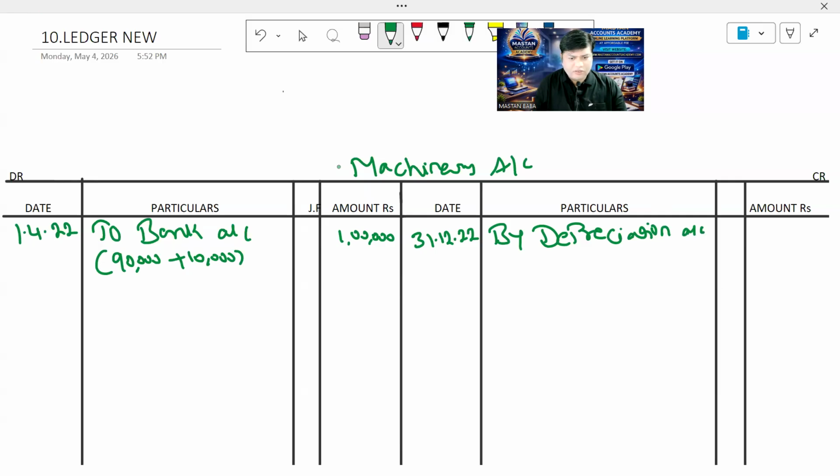The cost of machinery is 1 lakh, the rate of depreciation is 12%, and it was utilized for a period of 9 months, because from 1st April to 31st December. So 1 lakh into 12 by 100, 12,000, into 9 by 12, comes to 9,000. Now balance the account.